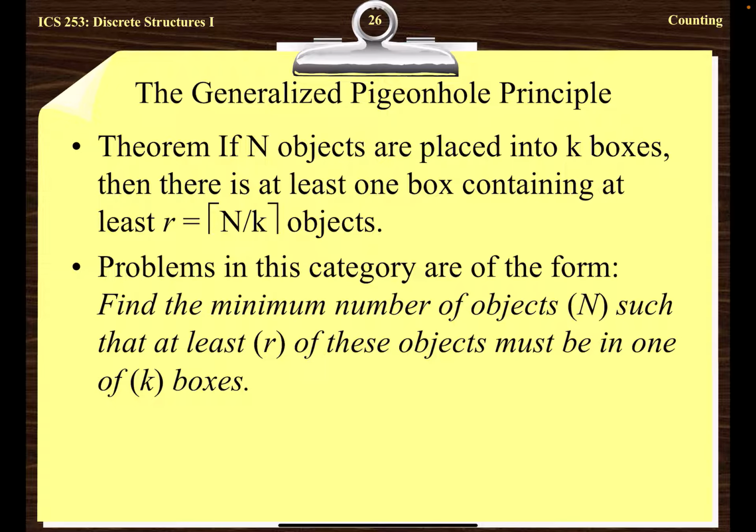Okay, let's now move on to the generalized pigeonhole principle. Now, the theorem in the generalized pigeonhole principle says the following: if n objects are to be placed into k boxes, then there is at least one box containing at least the ceiling of n over k objects.